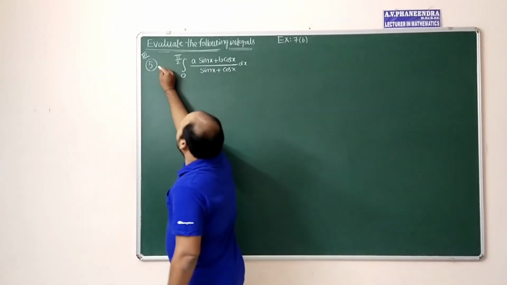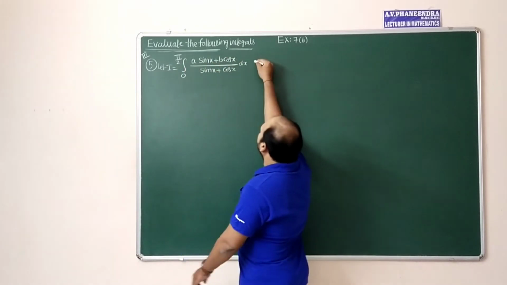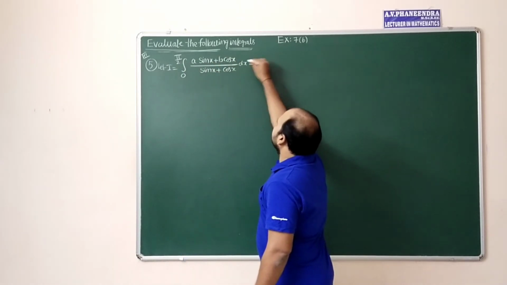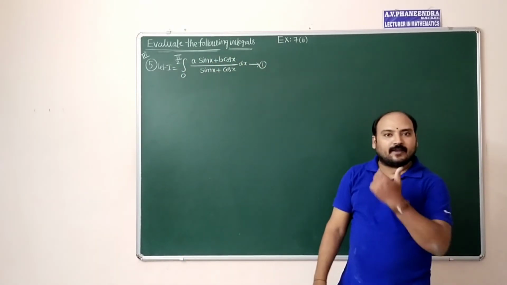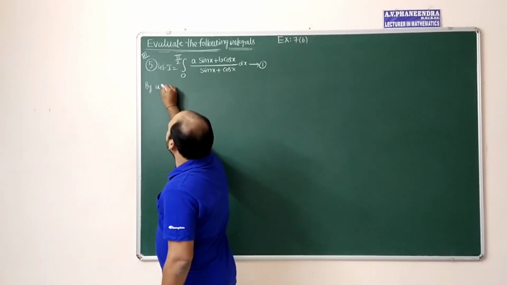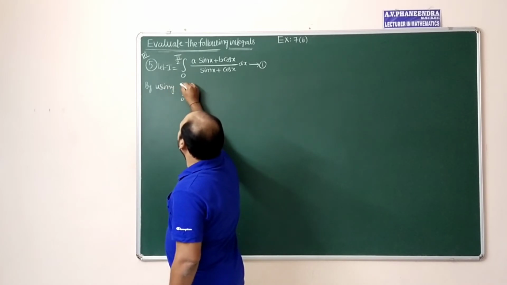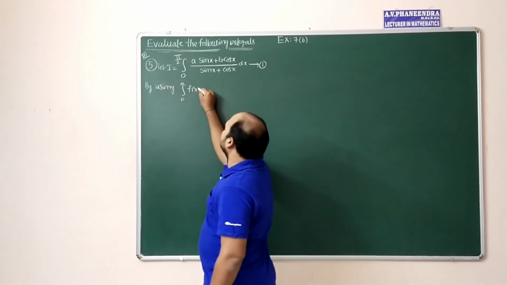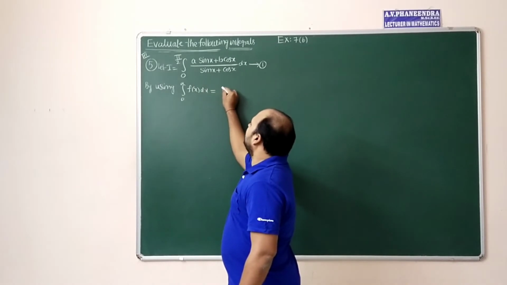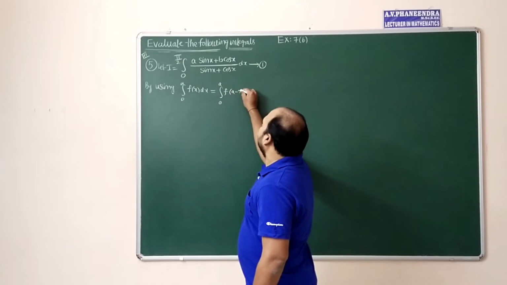See here, let I equal to, you can consider as equation number 1, the given integral as I. So after that, by using the property, integral 0 to a f of x into dx is equal to integral 0 to a f of a minus x into dx.